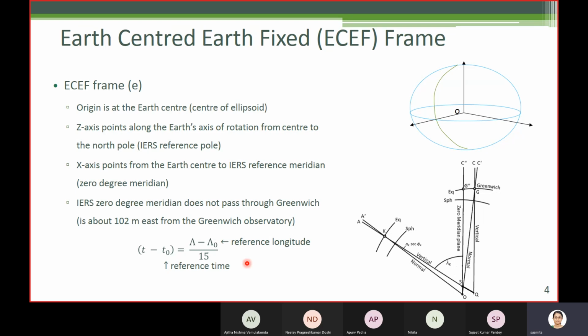So different techniques like lunar laser ranging, where laser pulses were transmitted from the Earth and reflected back from the moon. And by calculating the round trip time of the return pulses, it's possible to determine not only the lunar orbit, but by using proper mathematical models and sophisticated techniques, one can determine Earth rotation rate.